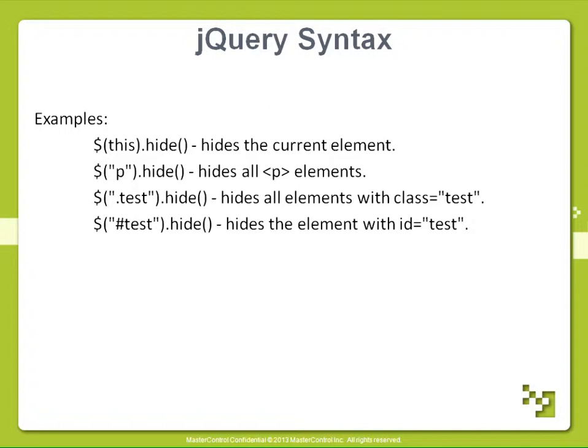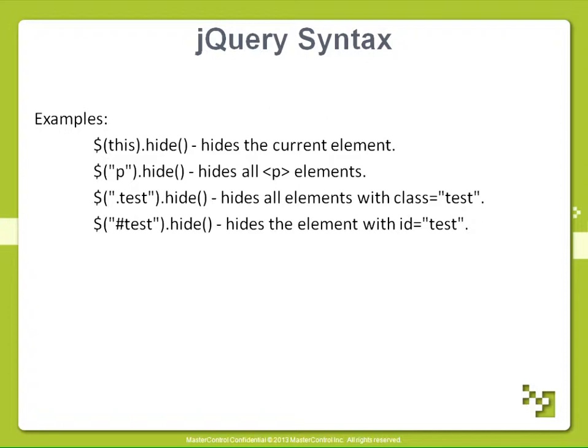The reason I chose hiding for my examples is that it's something that almost everybody wants to do on their forms. They've got some section or some field that they want to hide or unhide as a result of a checkbox or a radio button selection or a drop-down. And then our last one uses #test. The pound sign test is the ID of a given element.